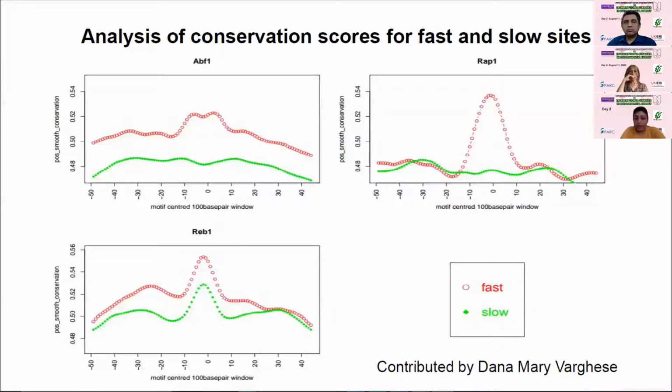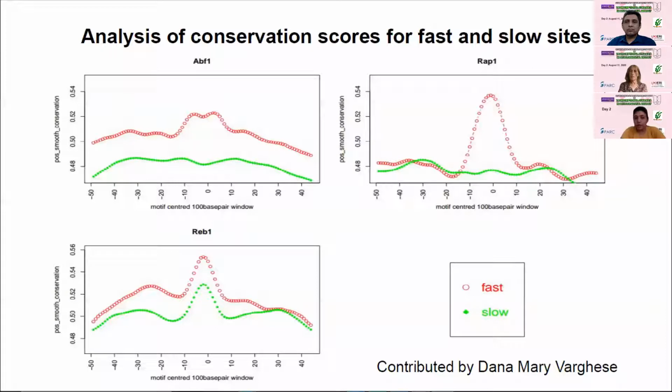These plots show that the conservation scores for ABF1 and RAP1 have a difference between the fast and slow sites, whereas REB1 are more similar to each other. If we look closely, at around the motif position, there is a lot of difference between the conservation scores for RAP1, as compared to the flanking region, where the fast and slow sites are more similar.